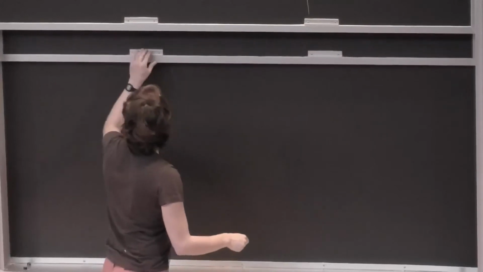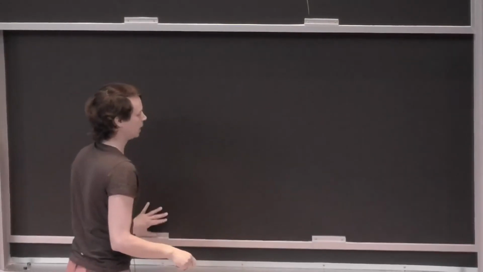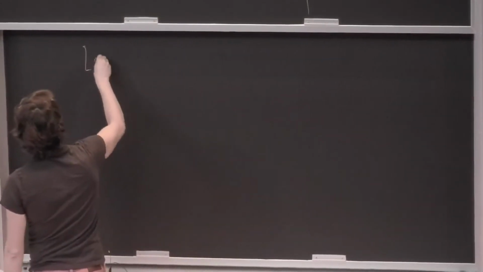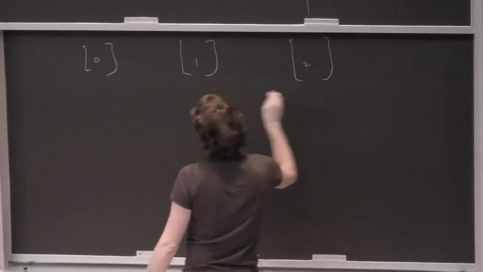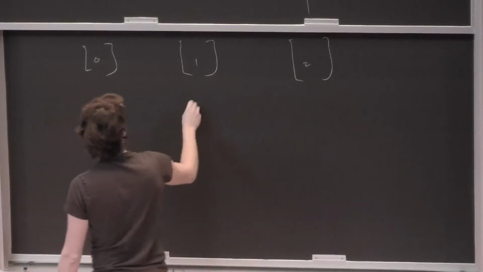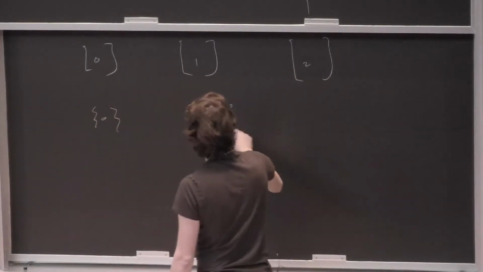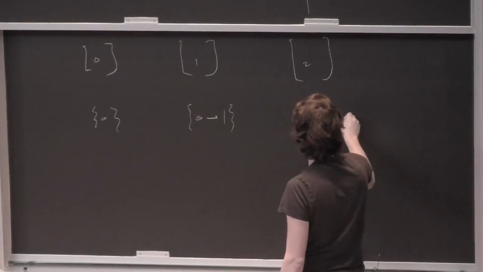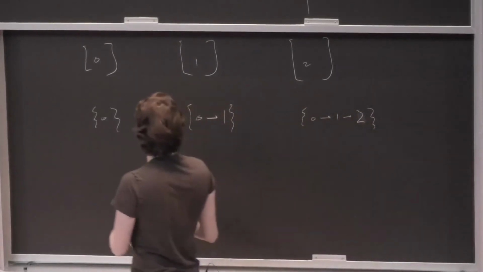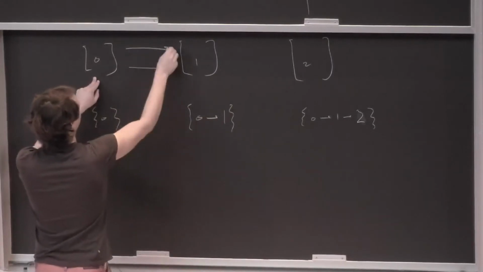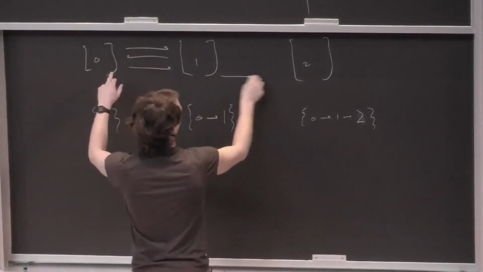And so the way to view these is as follows. I have this ordered set, this ordered set, this ordered set, and there are various maps between them. So clearly, I can include this two ways, but I can also collapse this.